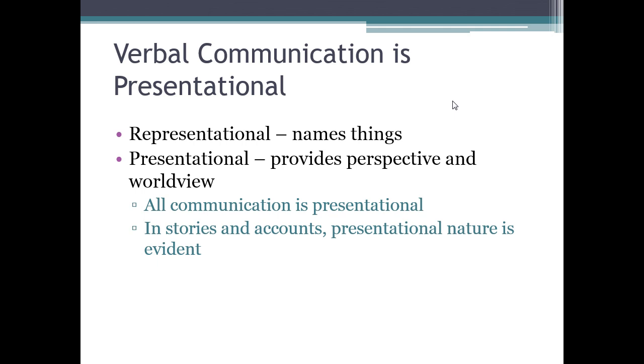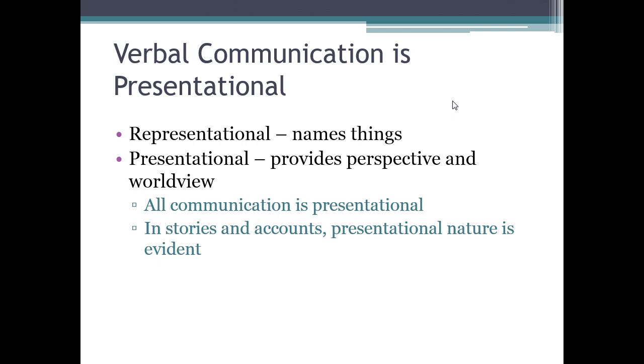It presents and tells us the type of individual that we are when we speak. The choice of words that we use when we're describing a scene, persuading someone, discussing another person, or talking about the weather is meaningful and conveys our worldview to others.